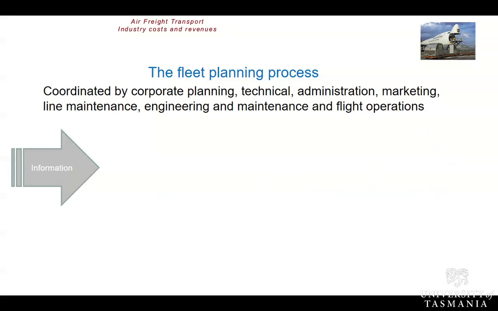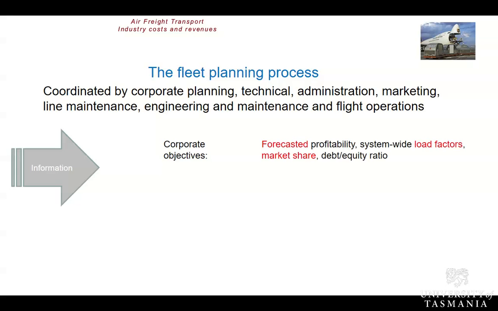So probably the most intensive element of this planning process is the information phase, because ultimately you're only as good as the information you can gather and put into some computer program or model which is going to give you a level of guidance in terms of what your fleet might look like.